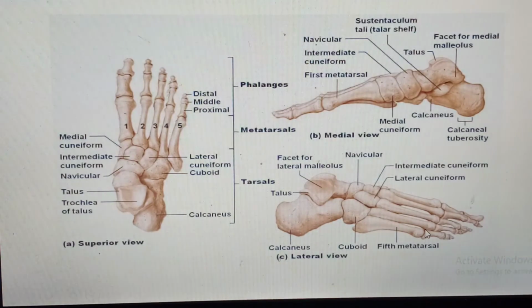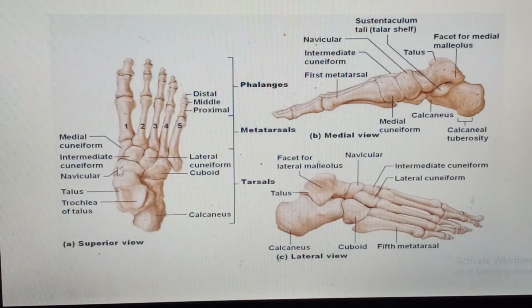But in the case of the transverse arch, which will run transversely, that one will be formed by the navicular. So the navicular will be there, this bone transversely. Yes, of course the cuneiforms will also contribute to it. Then this time around we say the bases of all 5 metatarsals.